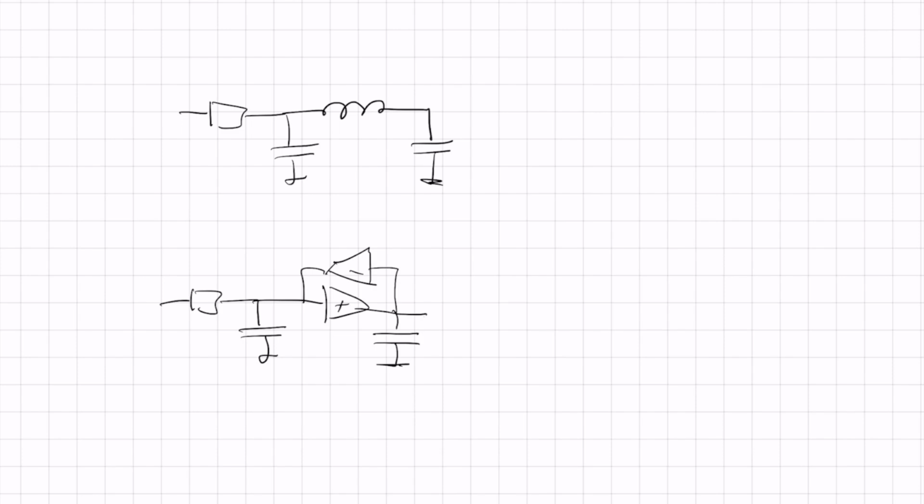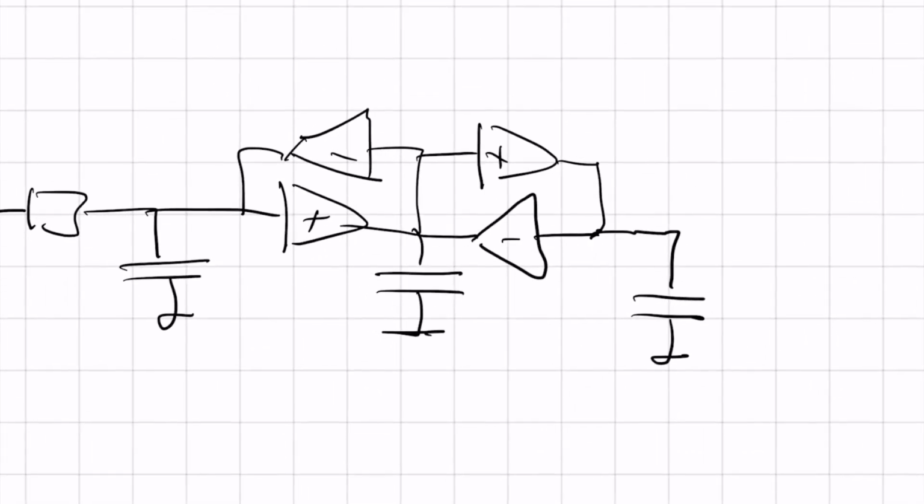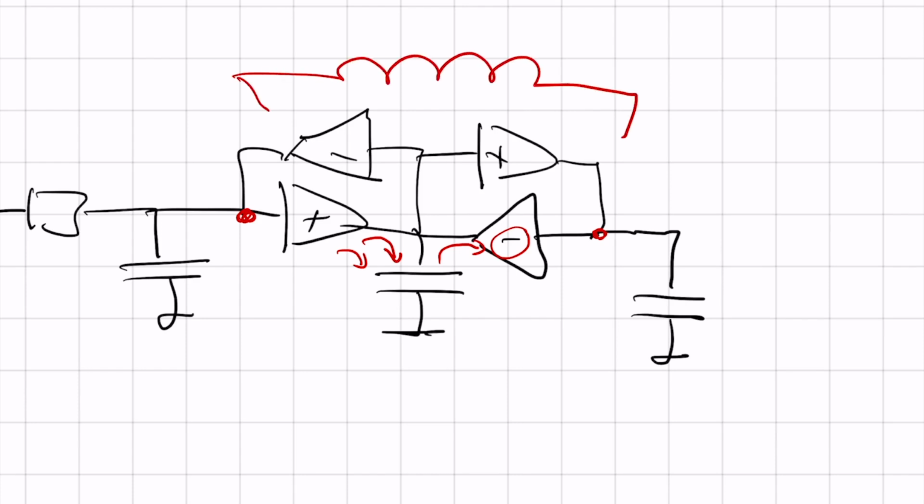But I can take an opposite GM, here a negative and here a positive one to that capacitor. And now what that capacitor sees over here is a current entering here, but also a current exiting here, because this voltage pushes a current into my capacitor and this one pulls a current out of my capacitor because I have this minus sign. So then it looks like this is indeed a floating inductor.